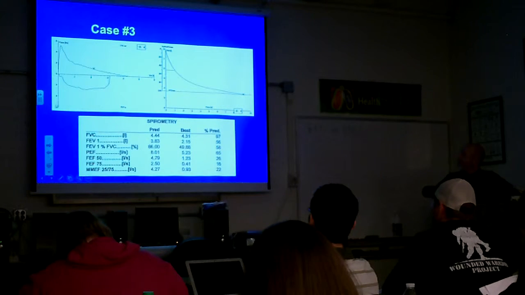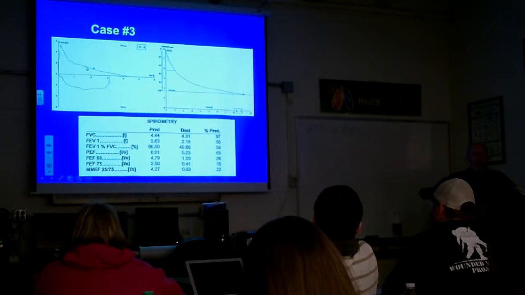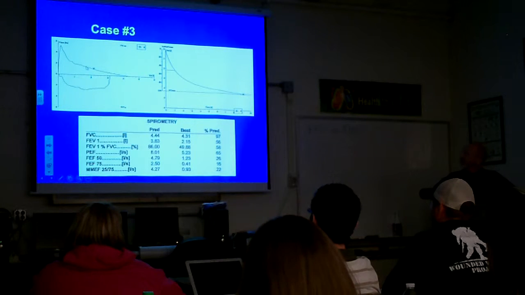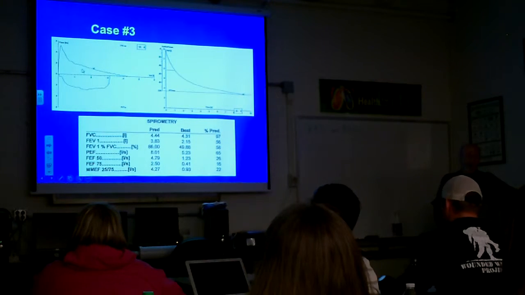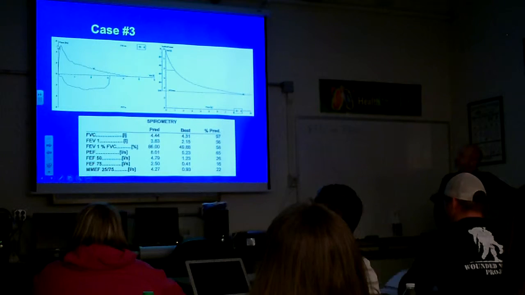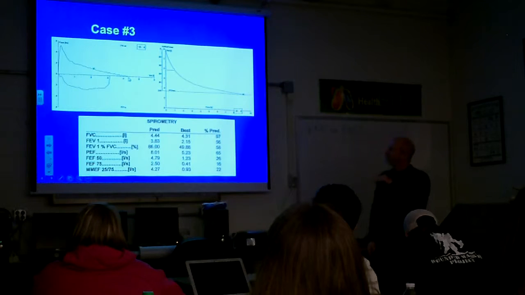Okay, so if you look at the quality of this tracing, just looking at this, I know you've only seen a couple of these. Does this look normal? No. Does it look like there's good effort? Looks like there's good effort on the expiratory part. I'll tell you what might have happened here to create this.